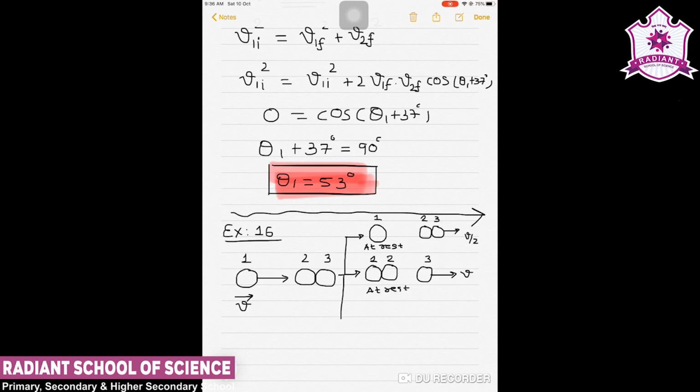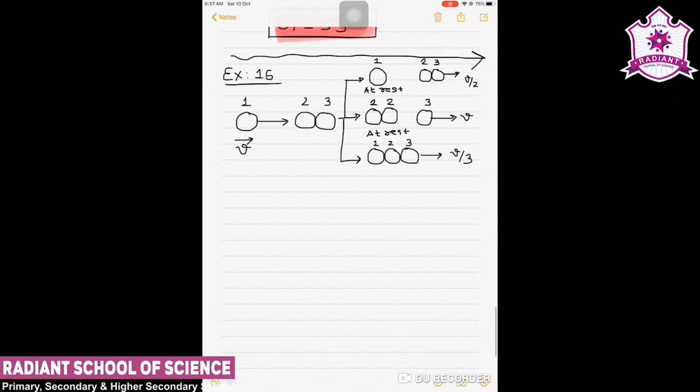And the third possibility they have provided is that all three balls, ball 1, ball 2 and ball 3, will start moving with speed v by 3 on the surface, remaining in contact with each other. So which of these three conditions is possible?